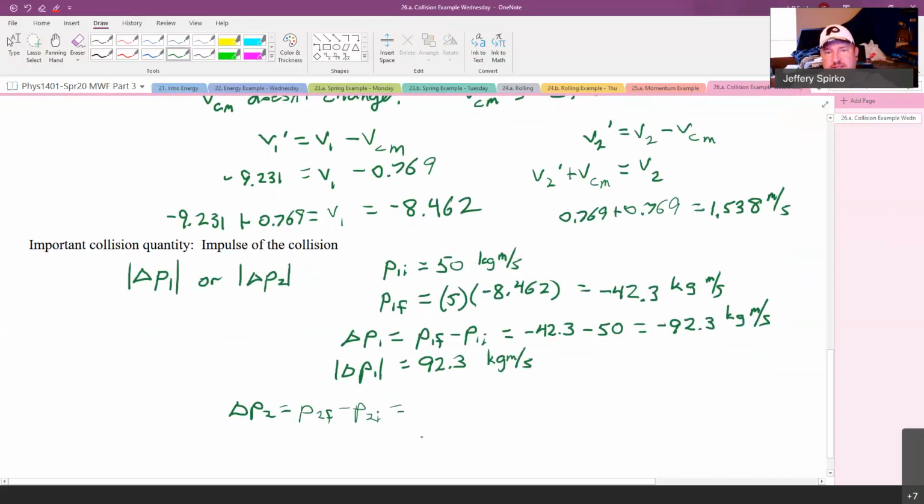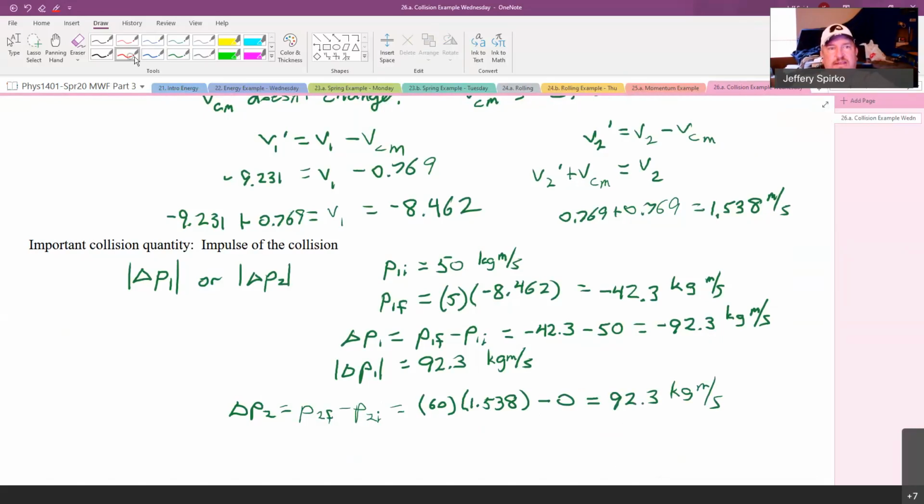P2 final is the mass times the final velocity, which is 1.538, minus 0, because the initial velocity was 0, so the initial momentum is 0. This is also going to come out to 92.3 kilogram meters per second.